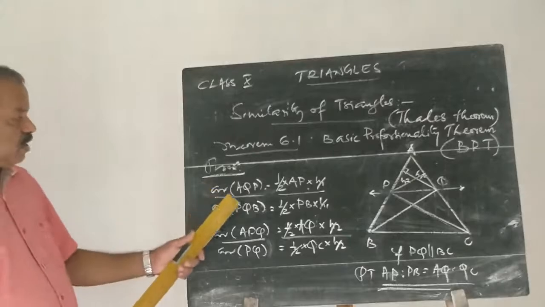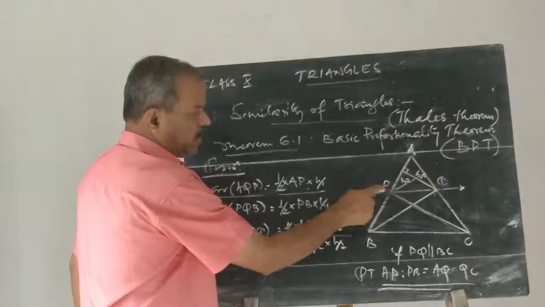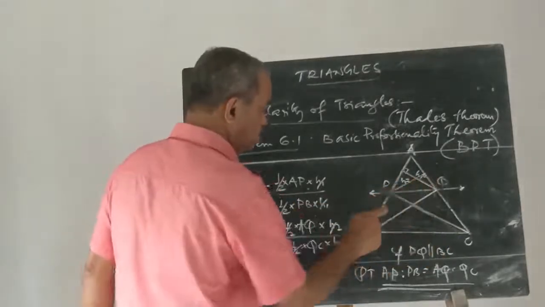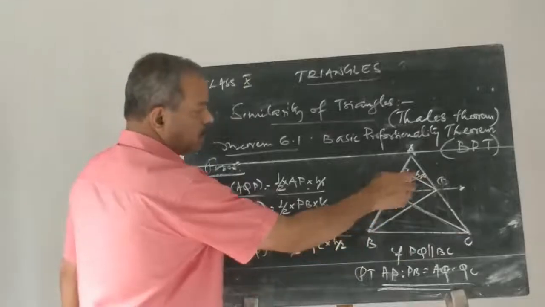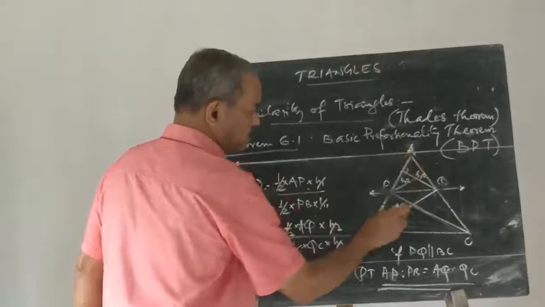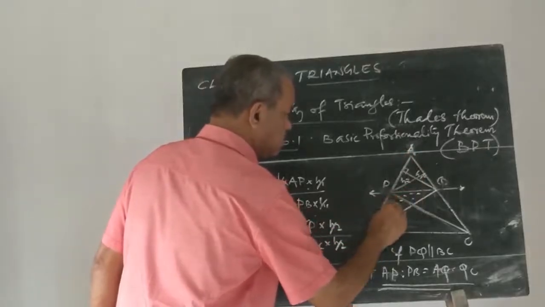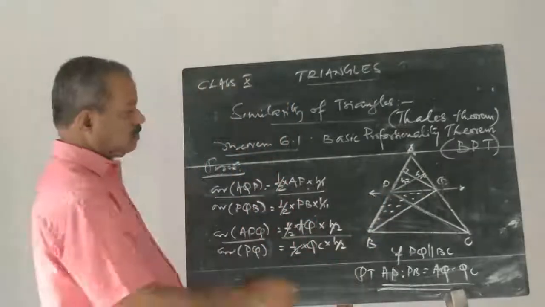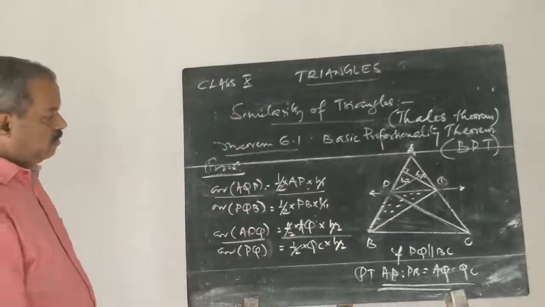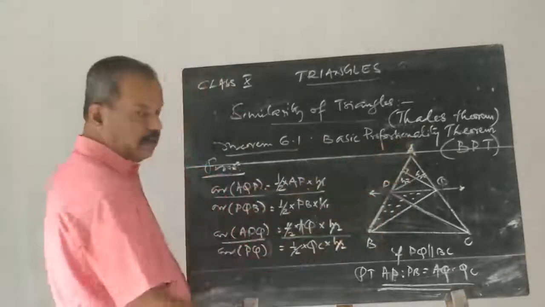So the ratio of the areas of AQP and PBQ, the first triangle and this triangle, is AP by PB.